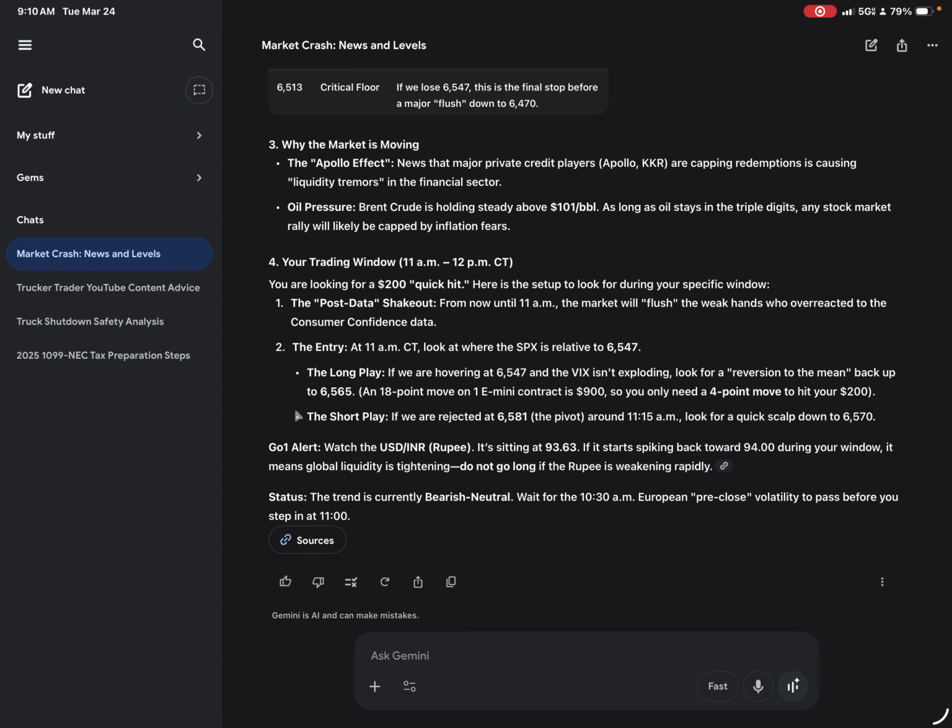The long play: if we are hovering at 65.47 and the VIX isn't exploding, look for a reversion to the mean back up to 65.65. And an 18-point move on 1 mini is $900. So you only need a 4-point move to hit your... Okay, the short play. If we reject at 65.81 around 11:15 a.m., look for a quick scalp down to 65.70.